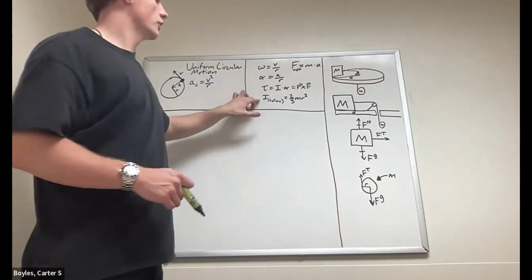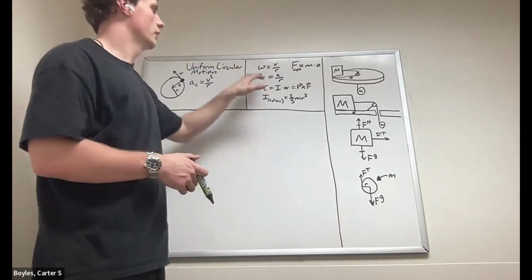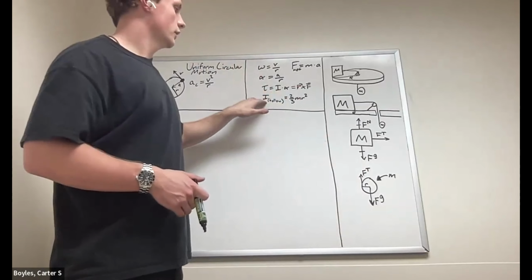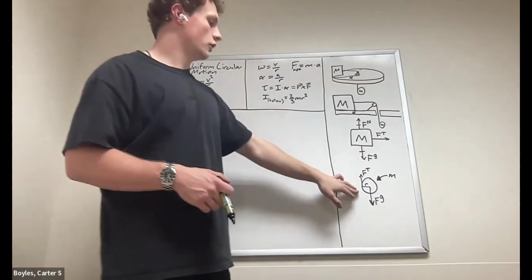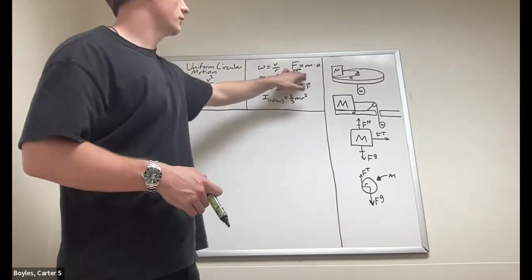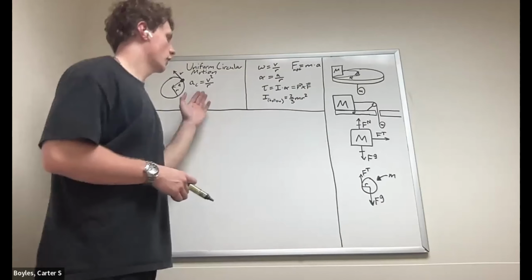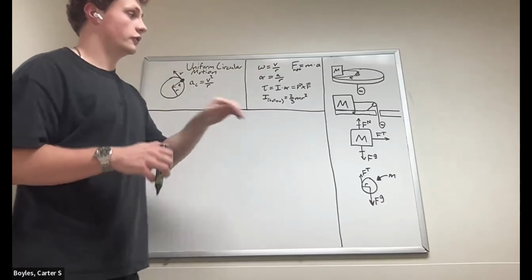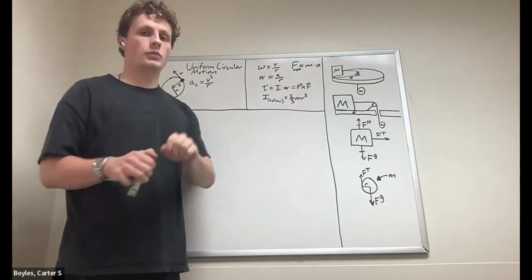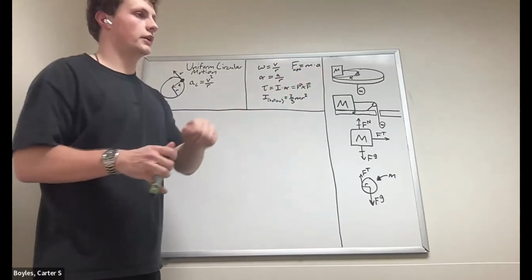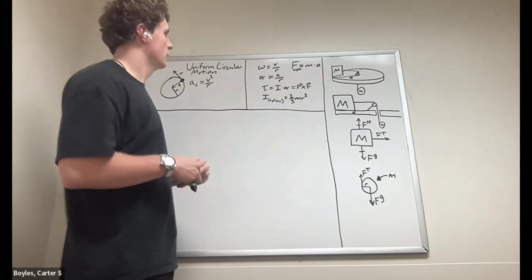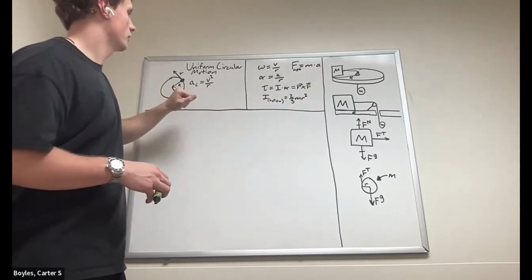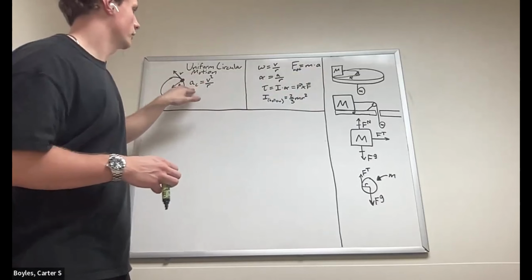We also identified a few equations that we're going to need to solve this problem: for angular velocity and acceleration, the two equations for torque, the moment of inertia of a hollow sphere, as well as Newton's second law. Where we're going to start is that because the turntable and the object on its edge are moving in uniform circular motion, with a constant angular velocity, we're able to use the equation for the centripetal acceleration of an object in uniform circular motion.